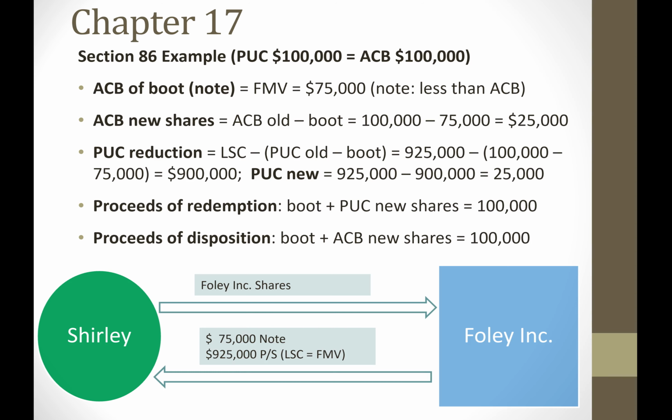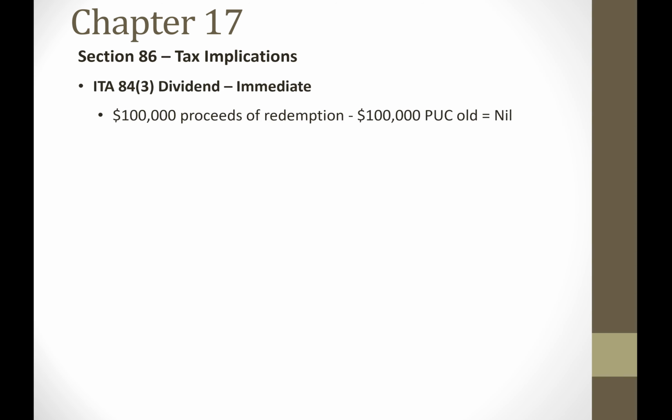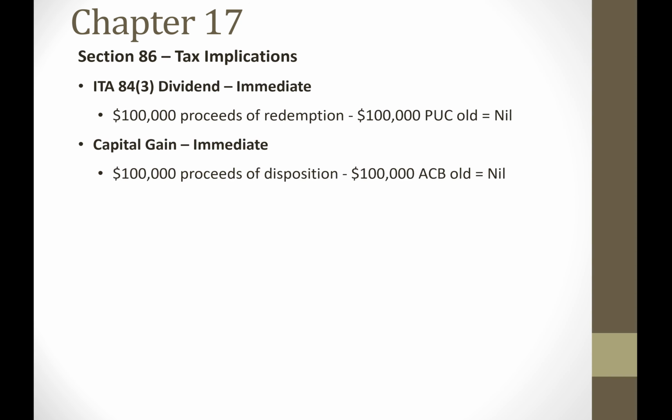So moving on to the next slide, once again, no deemed dividend. The 100,000 proceeds of redemption that Shirley is deemed to have received minus the PUC of the old shares, there's going to be no deemed dividend. Also, there's going to be no capital gain. Proceeds of disposition, 100,000, minus the ACB of the old common shares, 100,000, no capital gain as well.